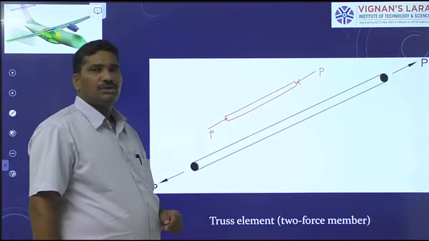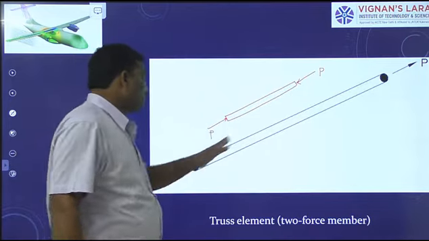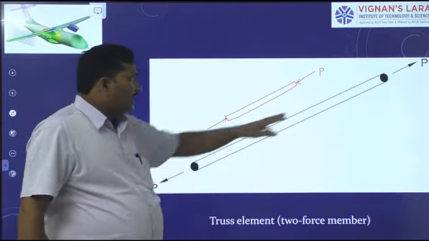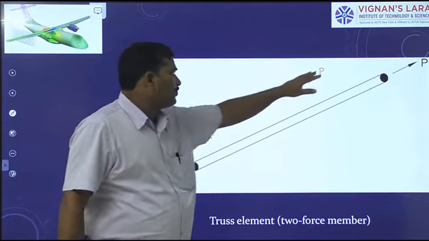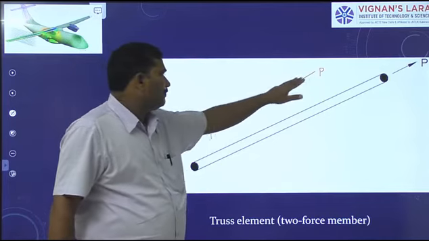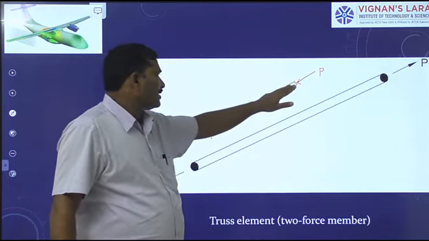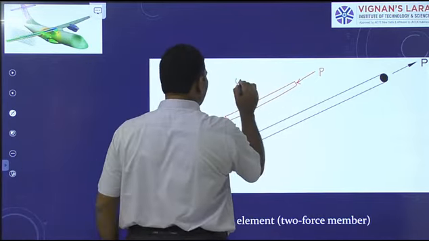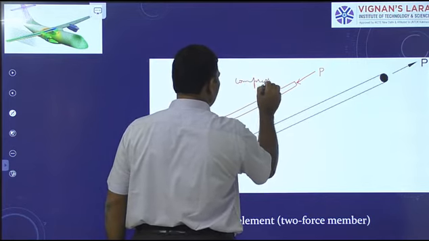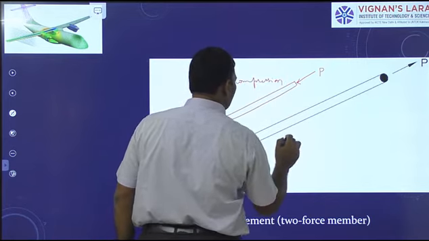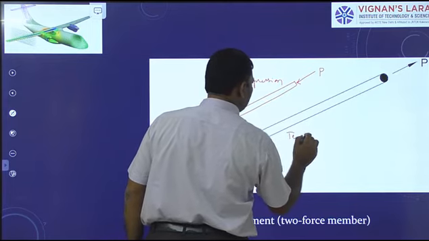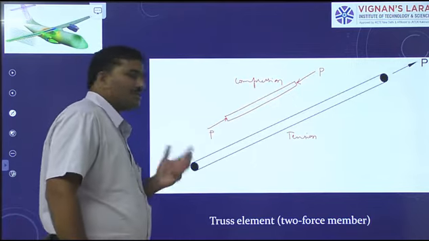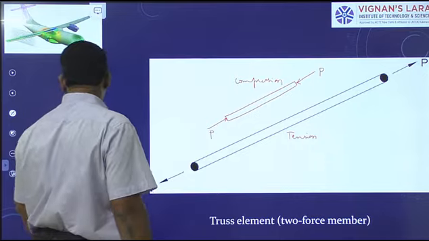Then it undergoes compression. Here the forces are collinear in action, their magnitudes are same and directions are same. Here also the forces are collinear in action, magnitudes are same and directions are opposite. In this case, the member undergoes compression, and in this case, the member undergoes tension. Right? Truss element may undergo compression or tension. Truss element is a two-force member.